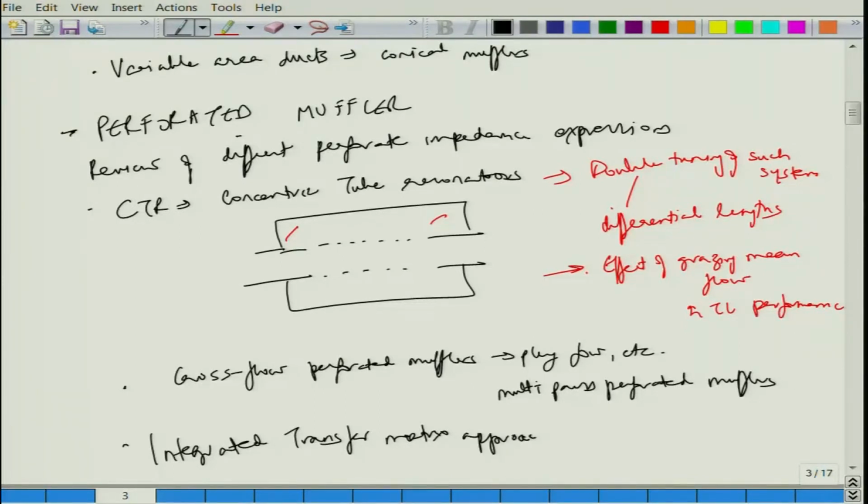and network analysis of such perforated systems. The other thing I am probably missing here is obviously the CCTR, conical concentric tube resonator, which is a straight through configuration, but we briefly had a look at that as well.